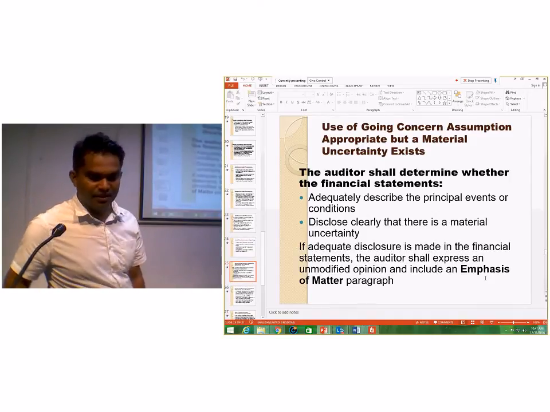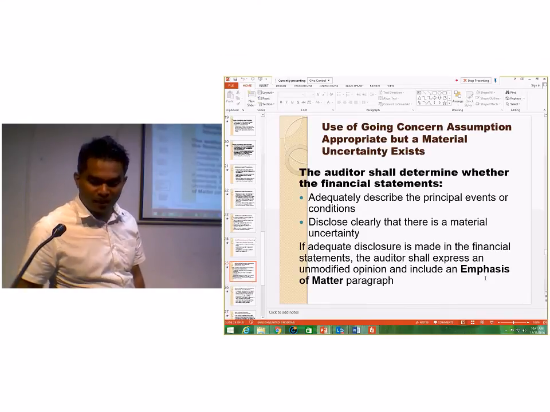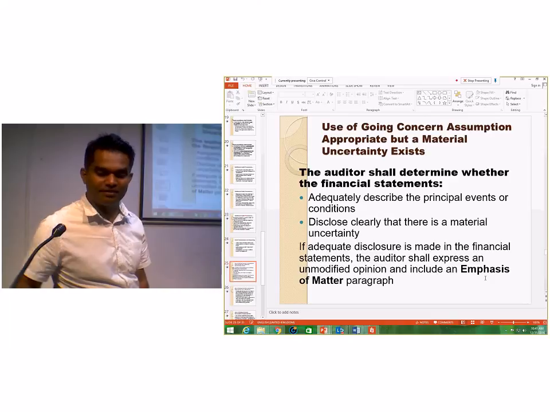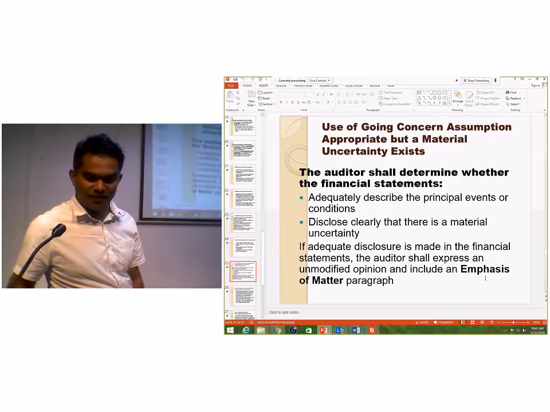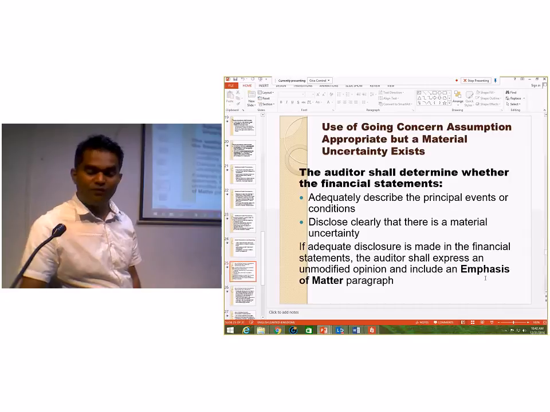Then, without change in your audit opinion, while you are referring to the audited financial statements, you have to draw attention to this special matter. That is what is called the going concern emphasis of matter paragraph.